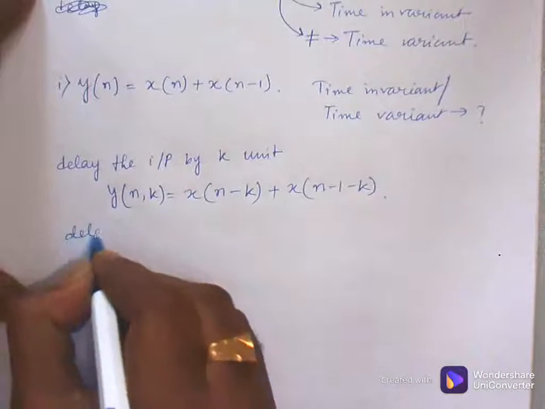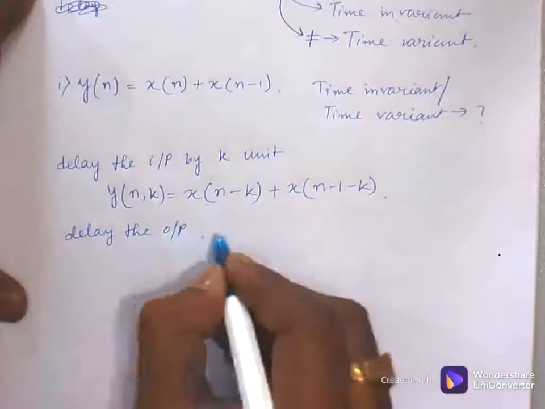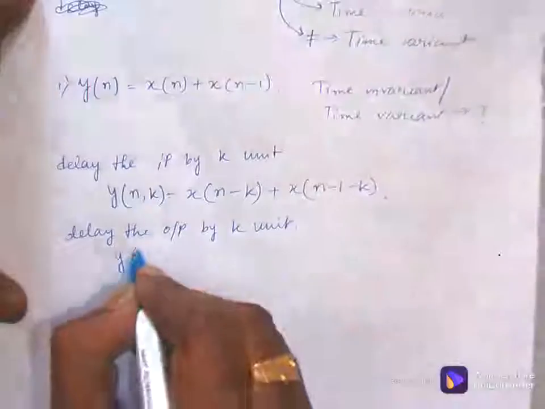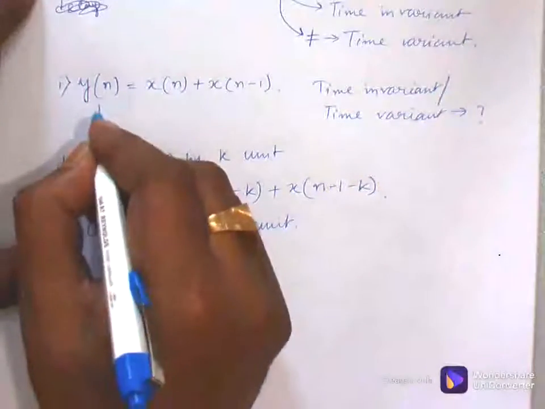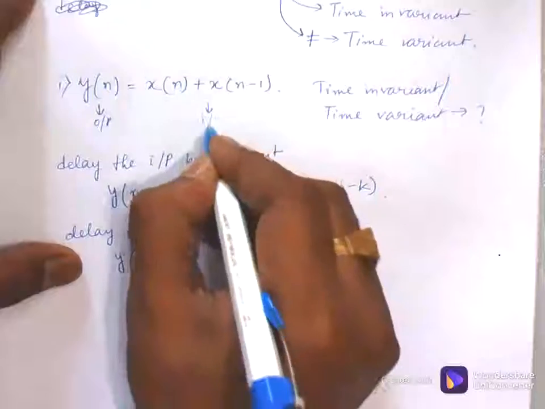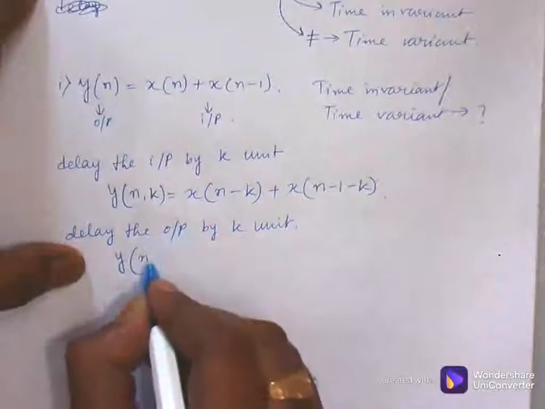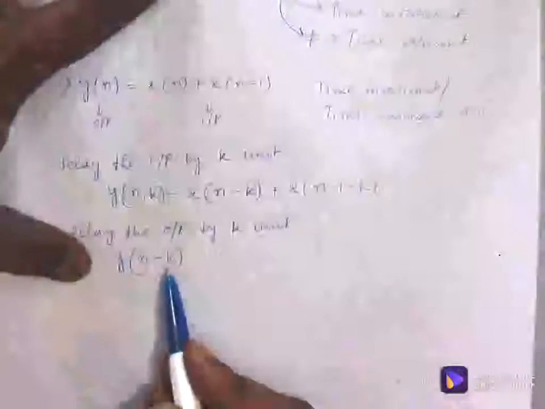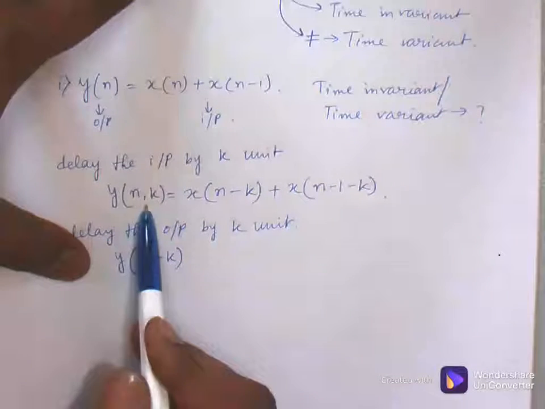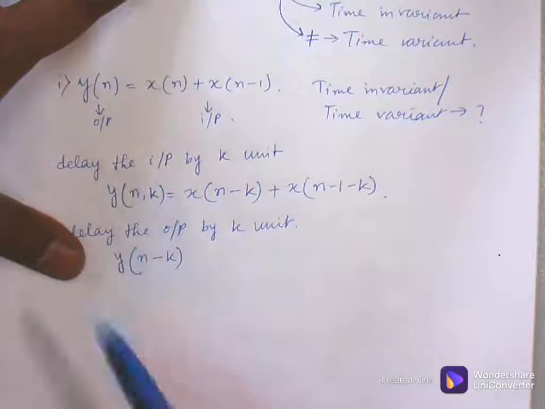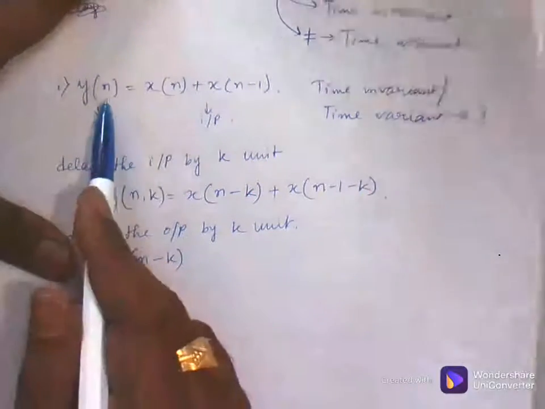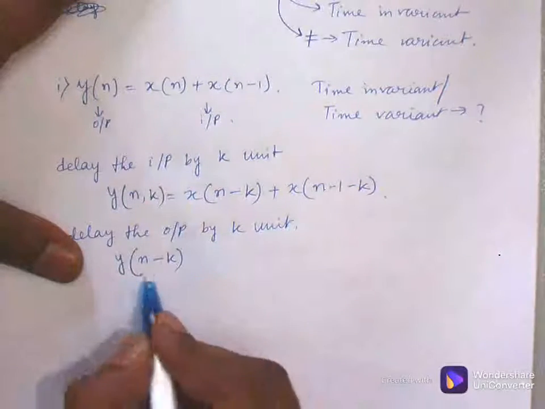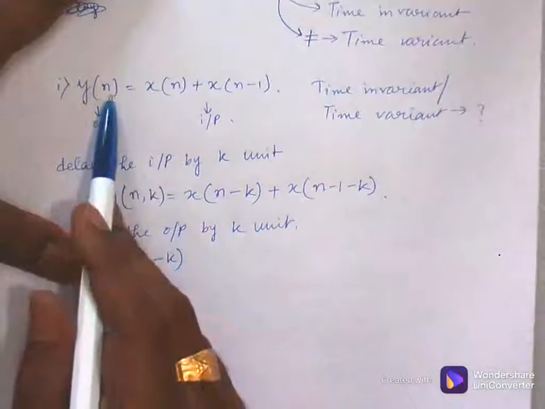Now delay the output by k unit. What will you get? This is the output section, this is the input section. So y of n minus k, I am delaying the output, so n minus k. If I write y of n comma k, that means I have delayed the input section. Now y is a function of n in this equation, so y of n minus k will be a function of n minus k.